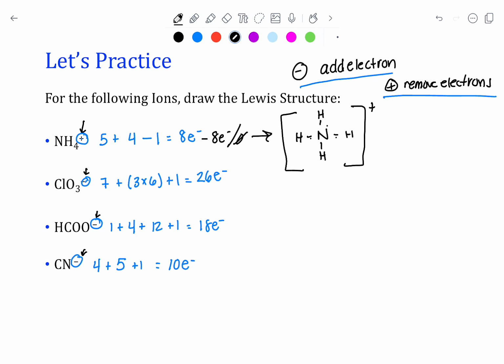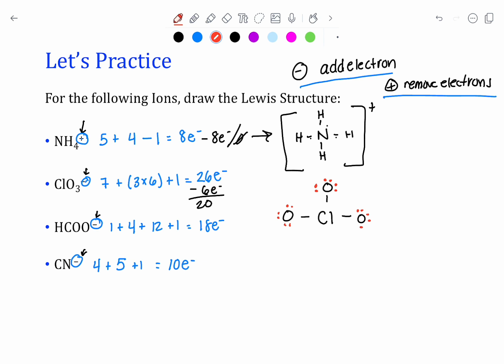Okay, let's try ClO3-. We have Cl as our central atom. We have O's that surround it with bonds. So I've used up 6 electrons. I have 20 left. I'm going to use those 20, 2, 3, 4, 5, 6, putting those on my oxygens to complete their octets.